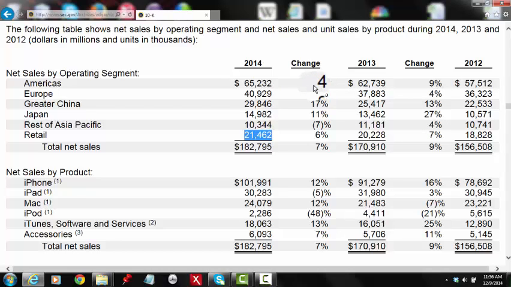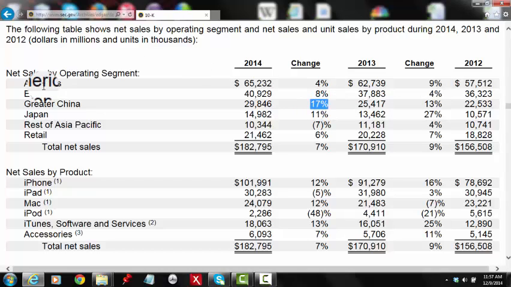So the US portion, they grew by 4%. Okay, and in 2013 they grew by 9%. But look at China. China is growing double digits. It grew by 13% from 2012 to 2013, and it grew by 17% in 2013 to 2014.